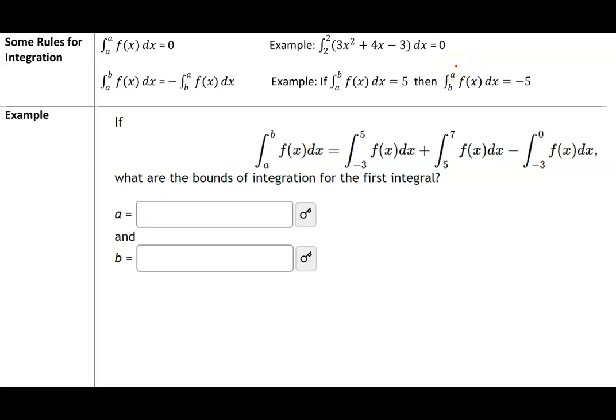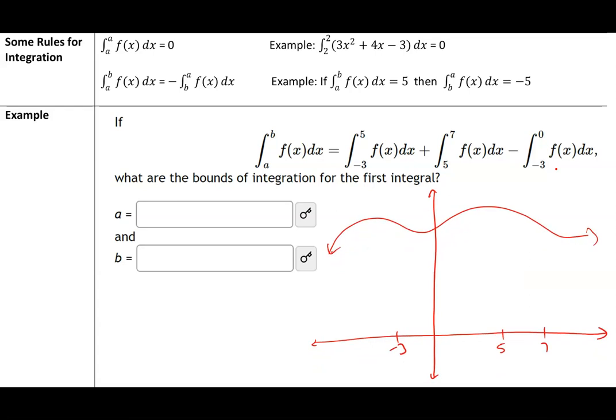All right, and then we have this integral from a to b of f of x dx, and it's equal to this following integral, and we want to find the bounds of integration. So I think the easiest way of doing this is to graph it. So we have negative 3 to 5 plus 5 to 7, but we're going to subtract off negative 3 to 0.